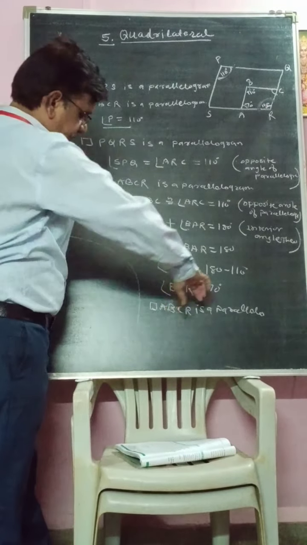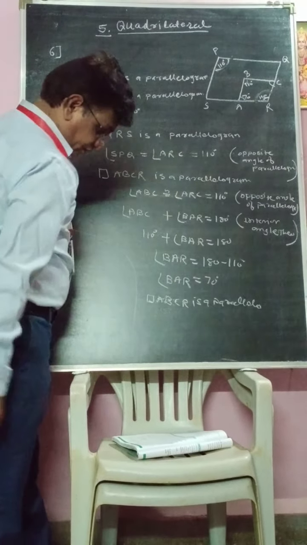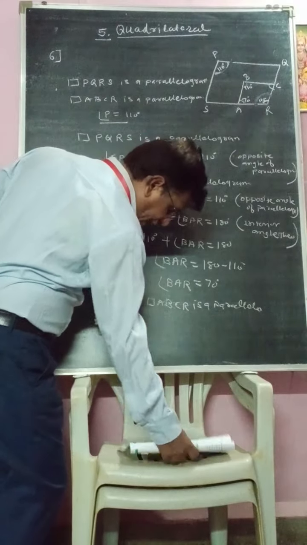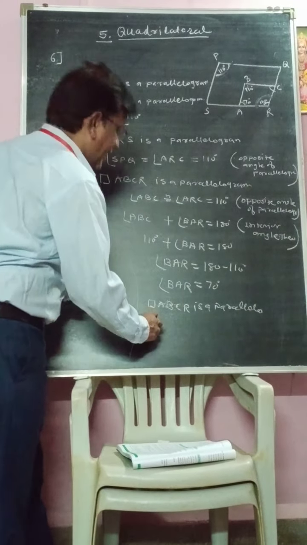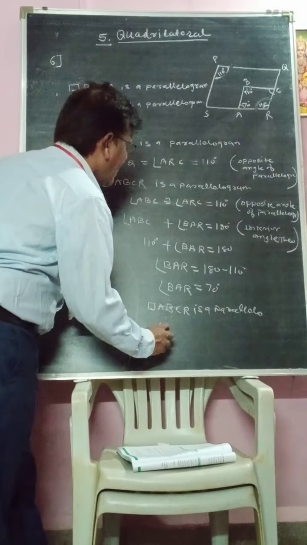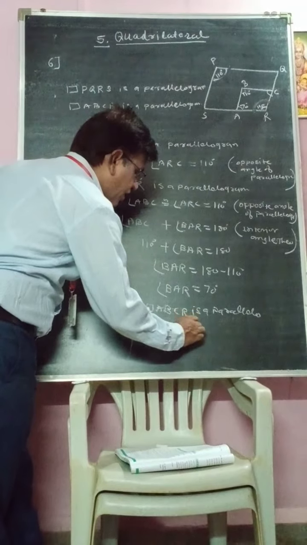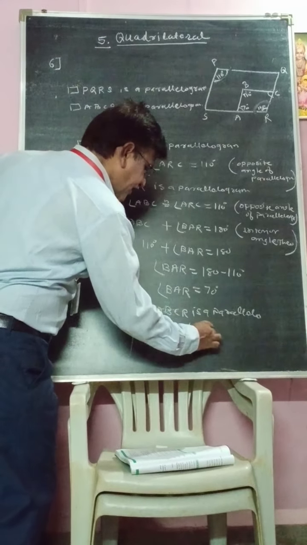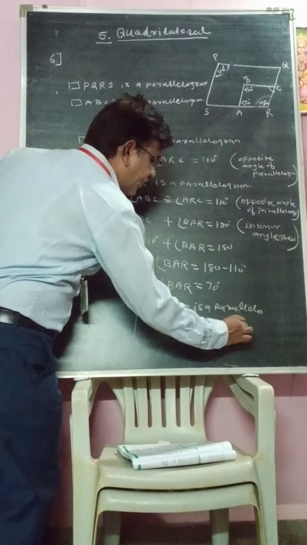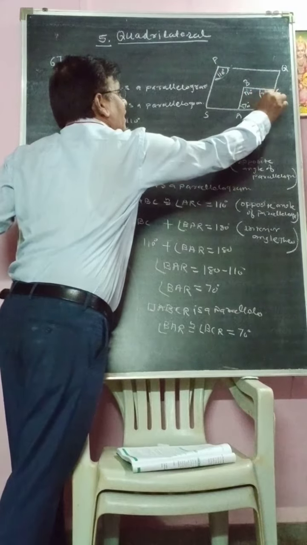Now again we can say that ABCR is a parallelogram. So if ABCR is a parallelogram, then opposite angles are congruent. So you can say that angle BAR is congruent to angle BCR is equal to 70 degrees. Means this angle is also 70 degrees.